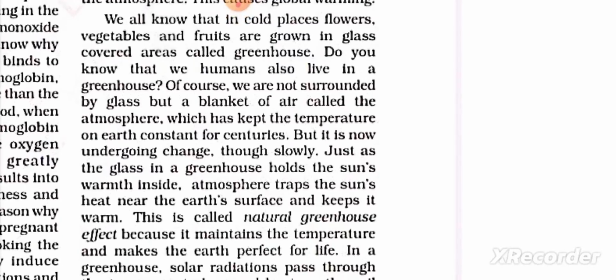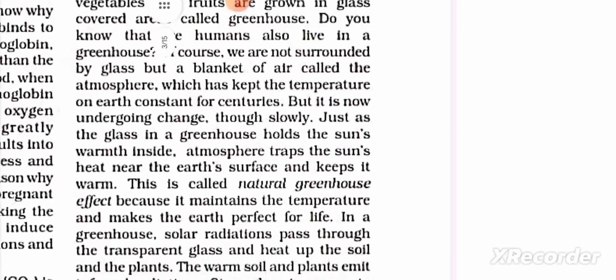We all know that in cold places, flowers, vegetables, and fruits are grown in a glass covered area called a greenhouse. Do you know that we humans also live in a greenhouse? Of course, we are not surrounded by glass but by a blanket of air called the atmosphere, which has kept the temperature on the earth constant for centuries.